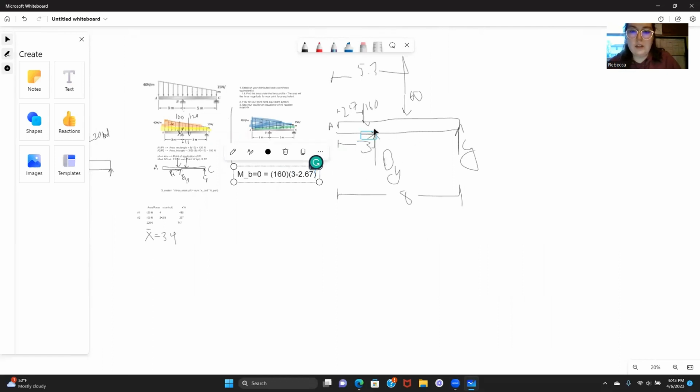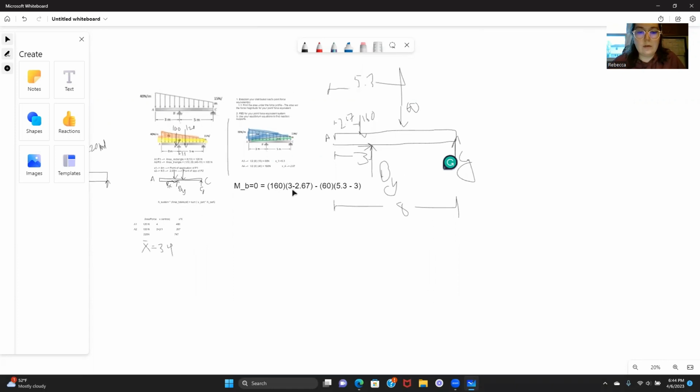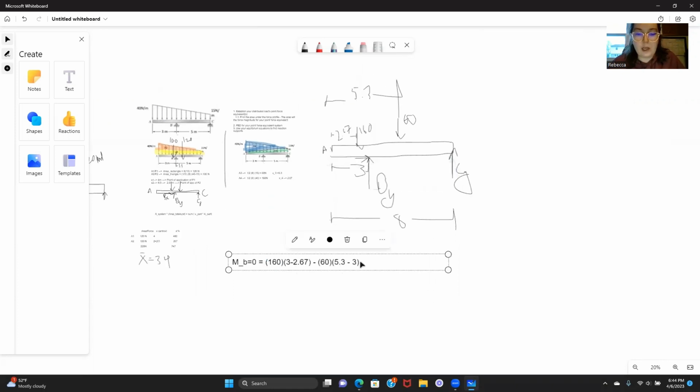Our 60 newtons is going to oppose this one, so that is going to be a negative 60 newtons. It's going to cause rotation in the opposite direction. Negative 60 newtons times 5.3 minus 3, right? That's our perpendicular distance, the space between this and B. And then the last thing that's going to impact our moment at B is going to be Cy.